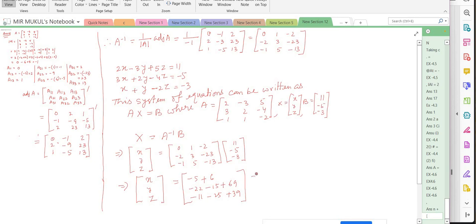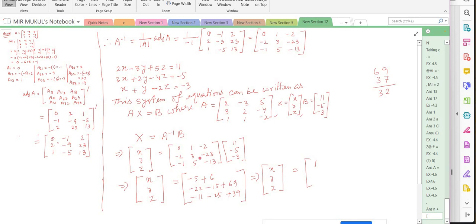Now tell me what we are getting. x y z. So what number will we get? First one is 1, second one what will we get? 69 and 37, if you subtract, then what will we get? 32.